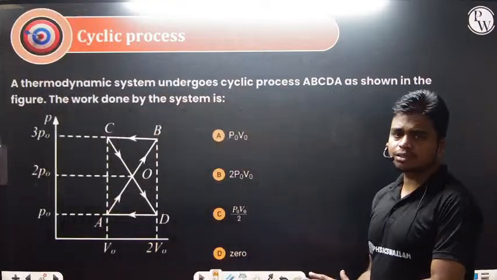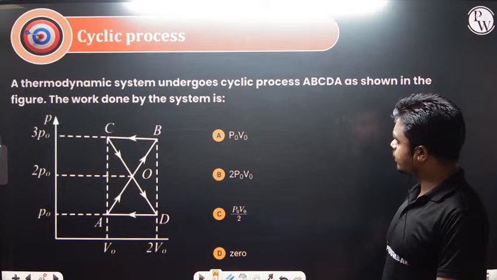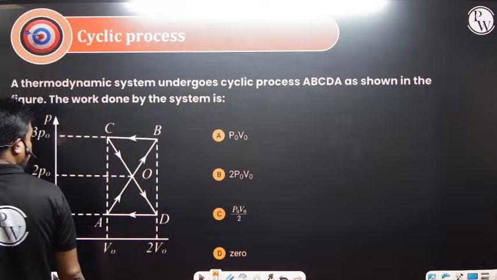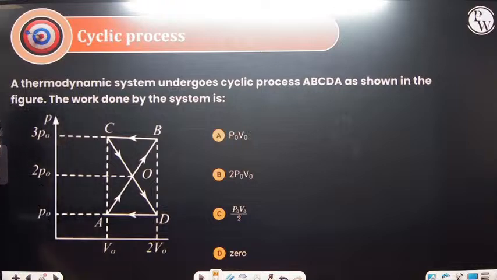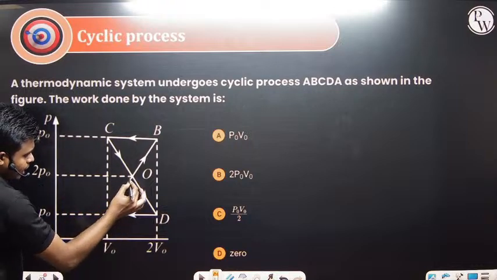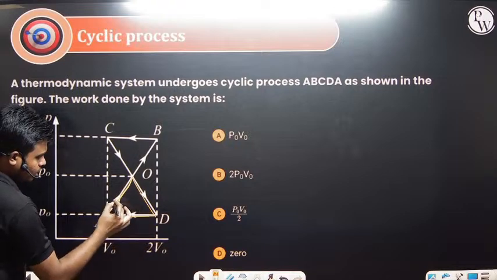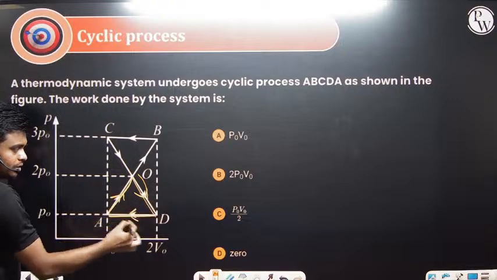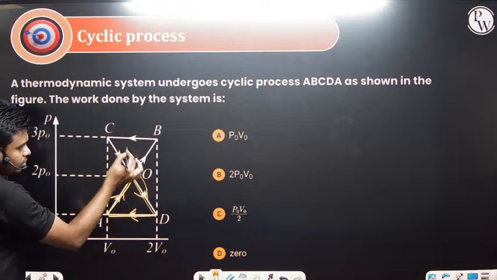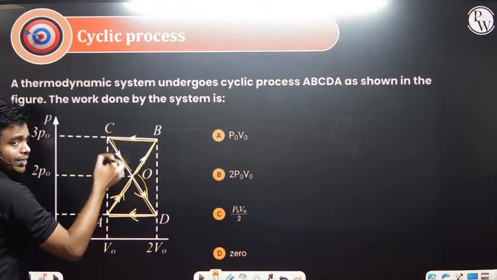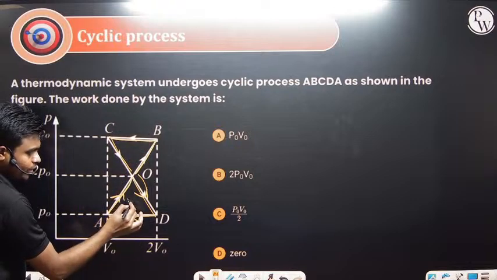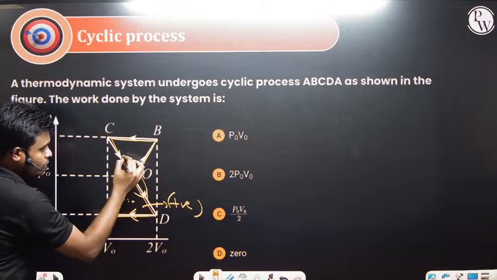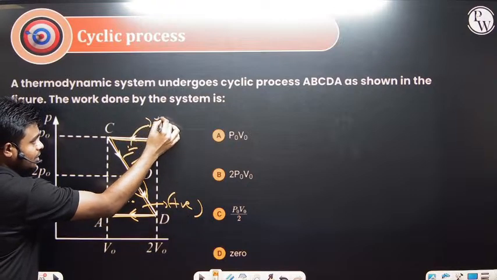This also came in some previous year NEET question. A thermodynamic system undergoes cyclic process A, B, C, D as shown in the figure. The work done by the system, you can check it. If we talk about this particular loop, it is clockwise, and this other loop is anti-clockwise. Clockwise work done we take as positive, and anti-clockwise work done we take as negative.